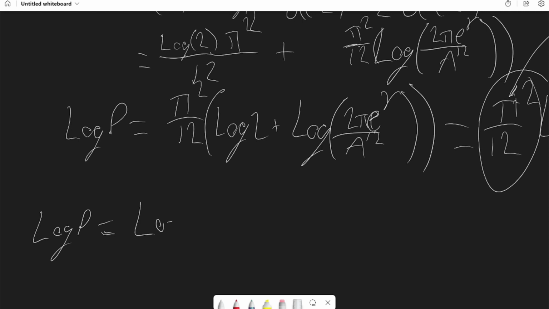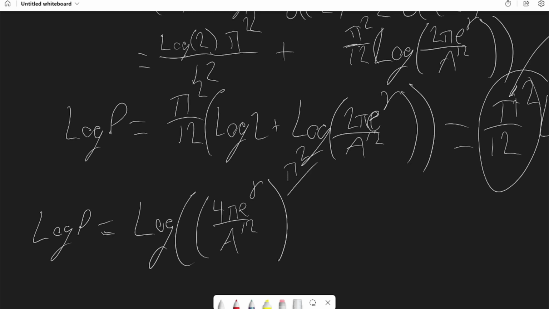Equals the log of 4 pi e to, oh, screwed that up. Okay, 4 pi e to the gamma divided by a to the 12 quantity to the pi squared over 12.